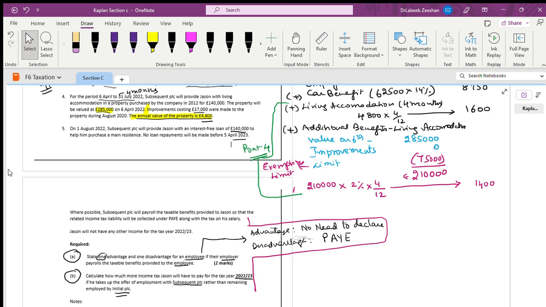This is on August 1st, 2022, till 5th April. How many months will be there? Calculate very fast. 8 months. Is it right? It will be 8 months.